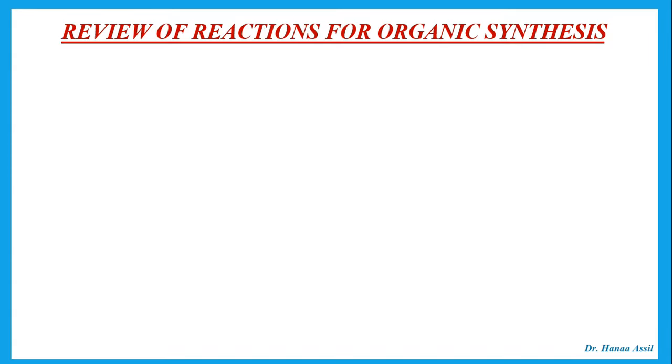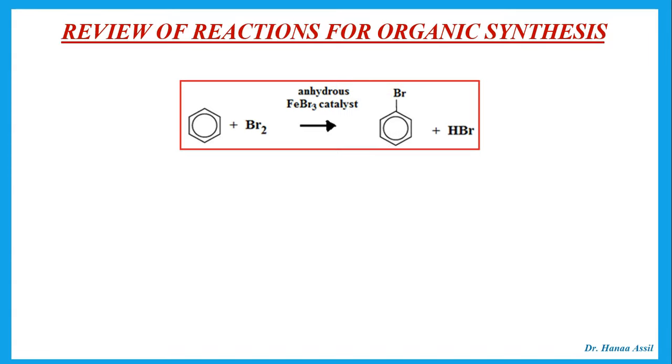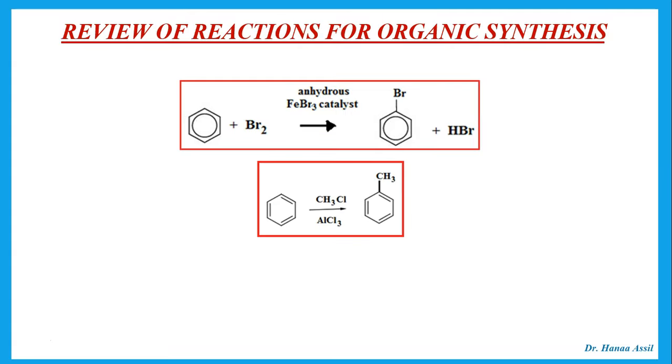So we have many reactions that we need for organic synthesis. Please remember these reactions. We already did this in Unit 5, but some of them we need from the previous units. So for example, to add bromine on a benzene ring, we react with bromine in presence of anhydrous iron(III) bromide.